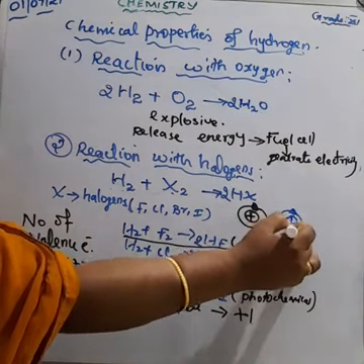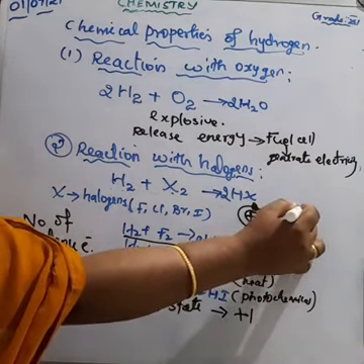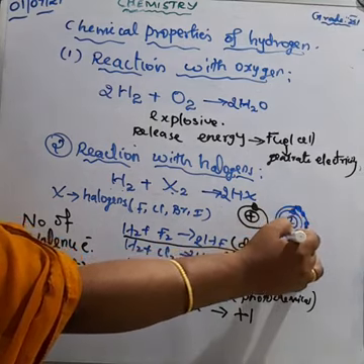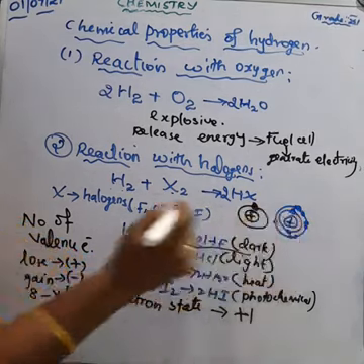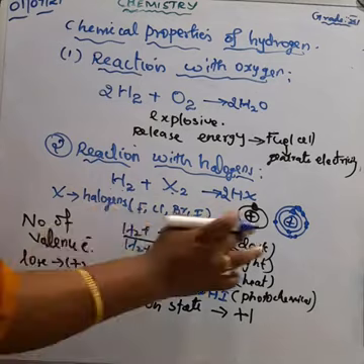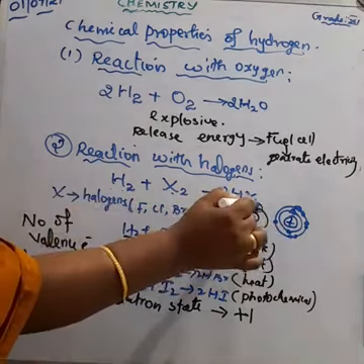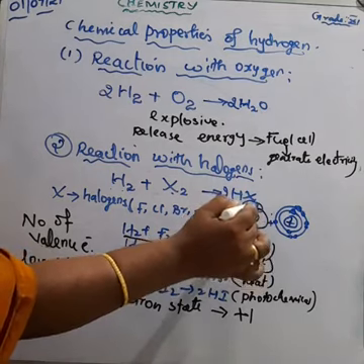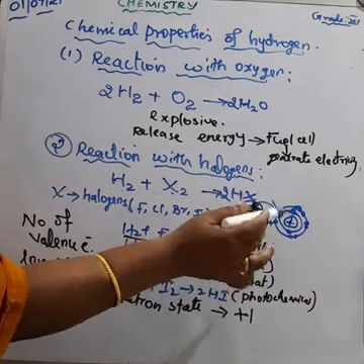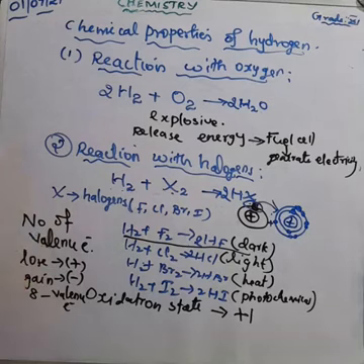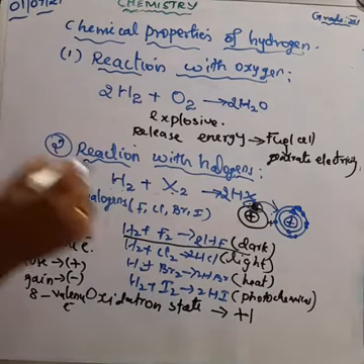Fluorine needs one more electron to get a stable configuration. So when hydrogen combines with fluorine, hydrogen gives its 1 electron to the fluorine atom. Hydrogen loses this 1 electron to the fluorine atom.